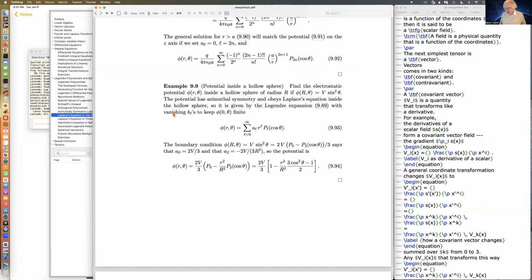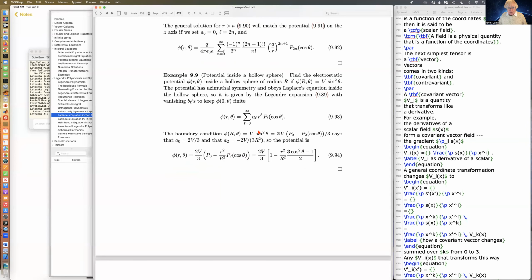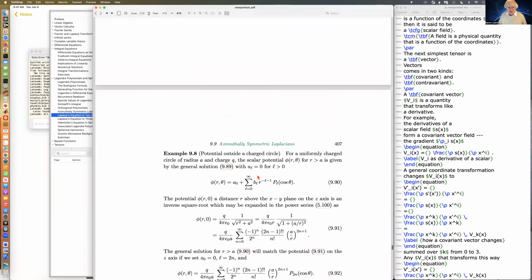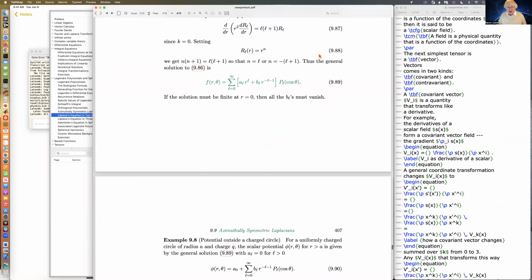When you have azimuthal symmetry and you also have Laplace's equation, then things are rather simple. In other words, you've got a solution like this, a P_L of cosine theta, a Legendre polynomial of cosine theta, and then you've got these r to the L and r to the minus L minus 1.